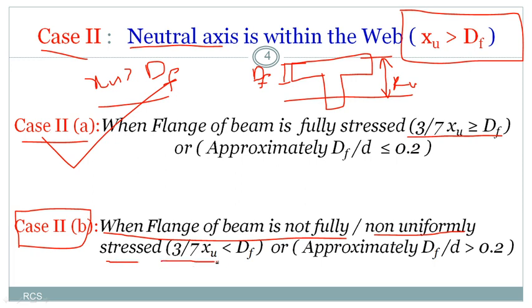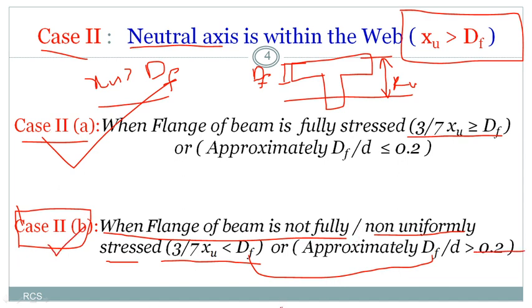This condition occurs when 3/7 of XU is less than DF. What do we mean by 3/7 of XU? It's the depth of the rectangular portion in the stress block, and DF is the depth of the flange. This is approximately the situation when the ratio of DF to the effective depth is greater than 2, then we will get this condition.